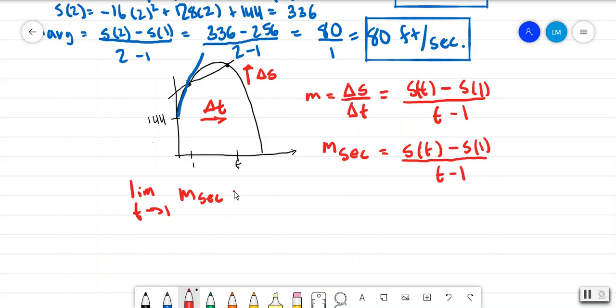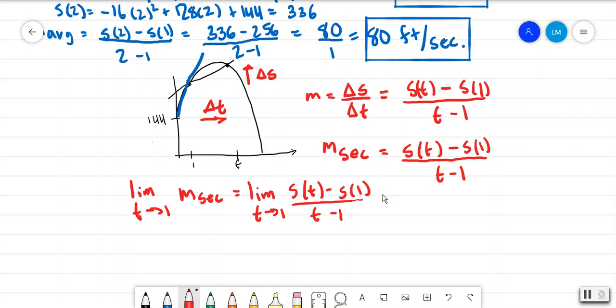So this is equal to the limit as t approaches 1 of s of t minus s of 1, all divided by t minus 1.